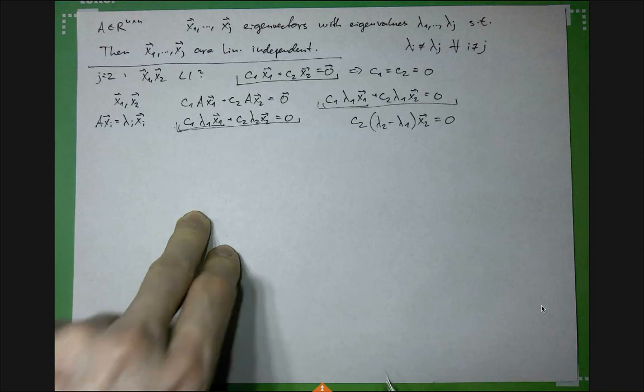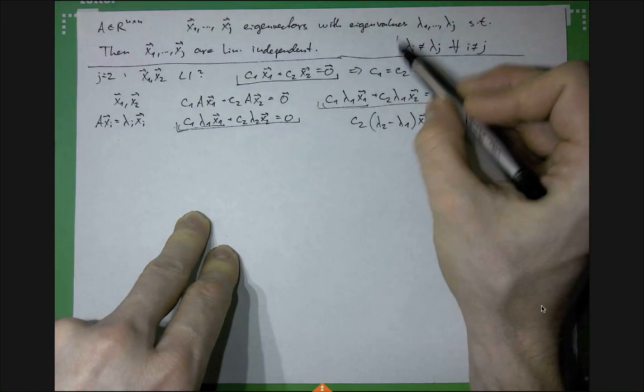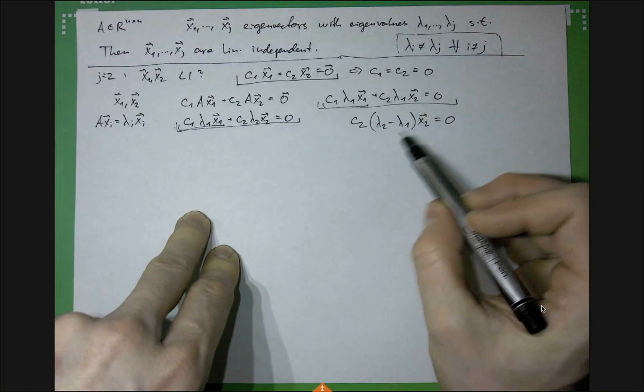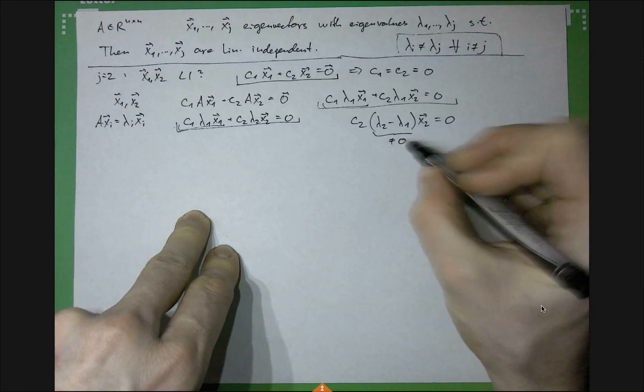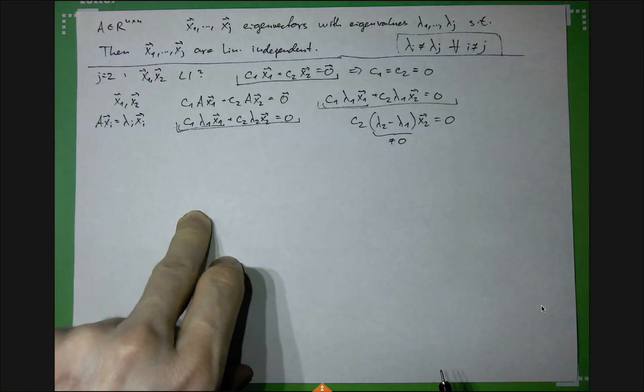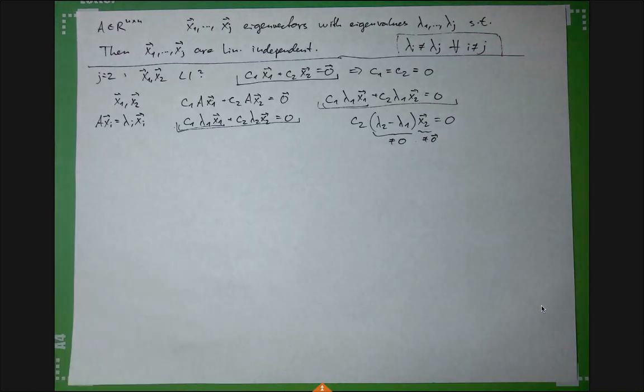And now comes the assumption that they are different. That lambda 2 minus lambda 1 is not 0, right? And x2 is not a 0 vector either. Why is x2 not a 0 vector?